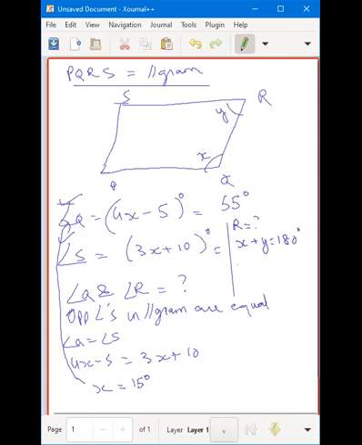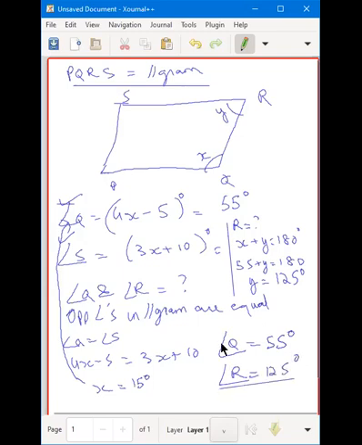So X is 55 degrees plus Y, which is what we need to find out, is 180. So what is the measure of Y or angle R in this case? 125 degrees. So angle Q is 55 degrees and angle R is 125 degrees.